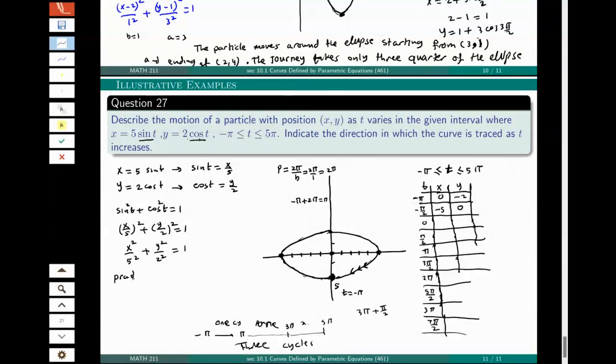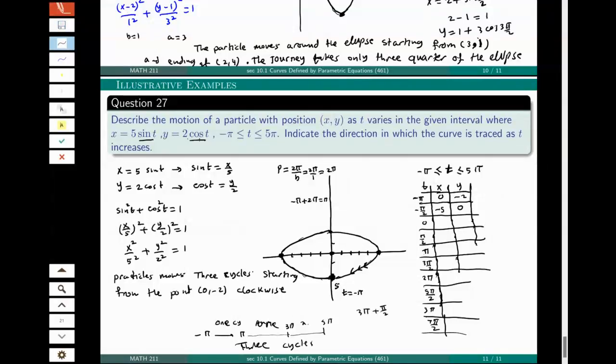Particle moves 3 cycles, starting from the point 0 and minus 2. So it is 3 cycles clockwise.